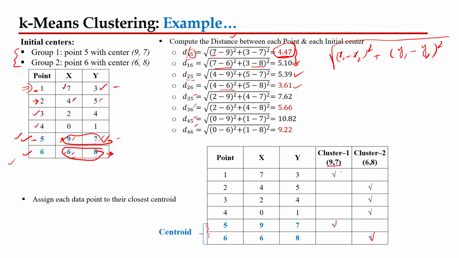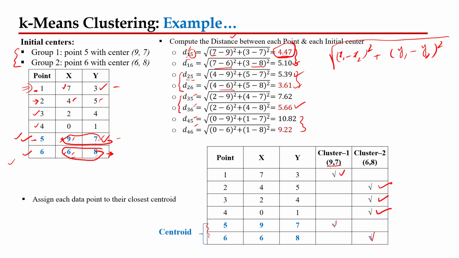So point number 1 is going to be part of cluster 1. Similarly, for data point number 2, we compared the distances to the cluster 1 and cluster 2 center points. The smaller is 3.61, so data point 2 is going to be part of cluster 2. Similarly, from 3, we can see that point number 3 is going to be part of cluster 2, and point number 4 is going to be part of cluster 2.